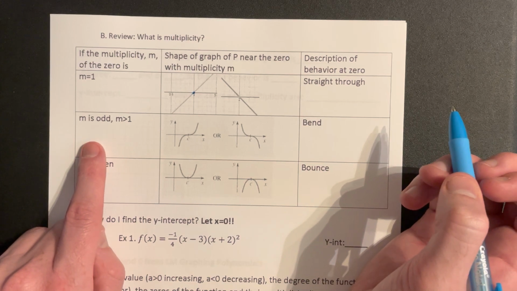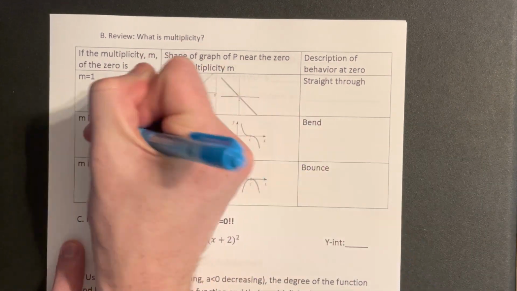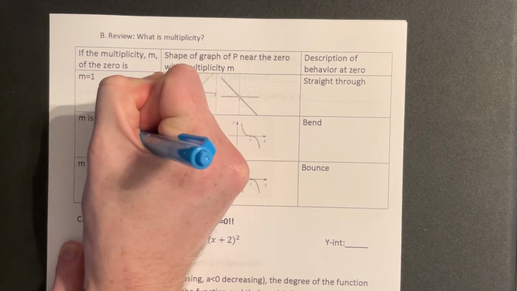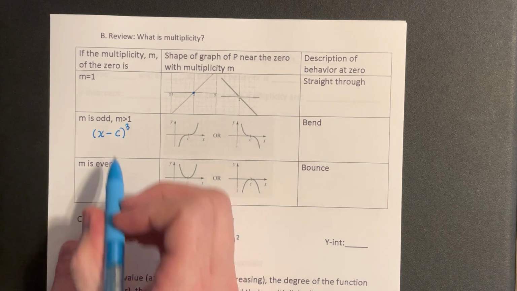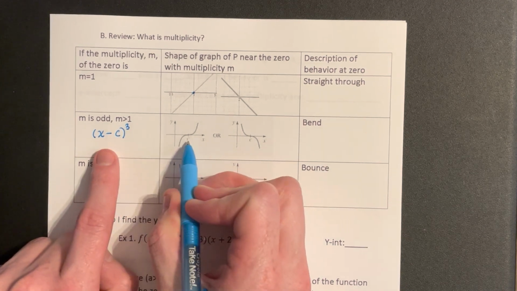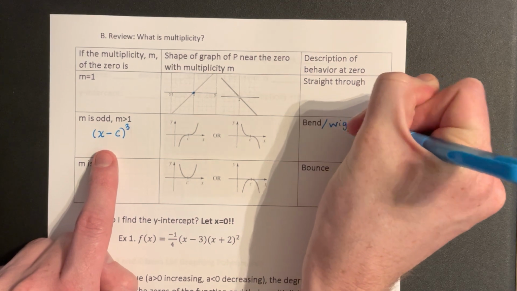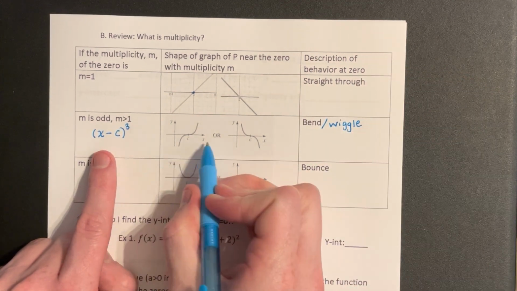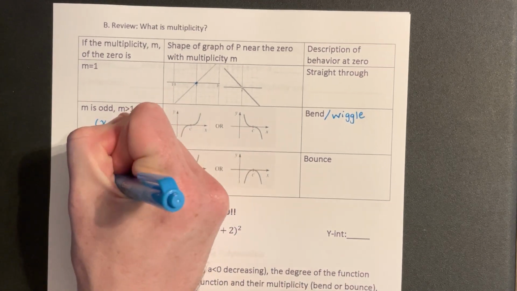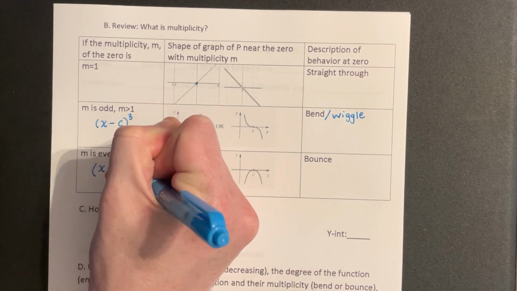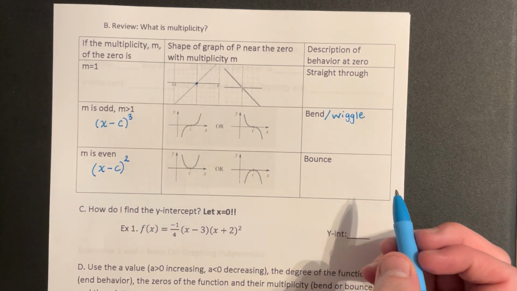Now if we had an odd multiplicity, but bigger than 1, so something like x minus c to the 3rd power, whatever that zero is, it's going to bend or wiggle, I like to say it wiggles, through the graph, or through the axis. If it was even, something like x minus c squared, that's where it bounces off the x-axis.